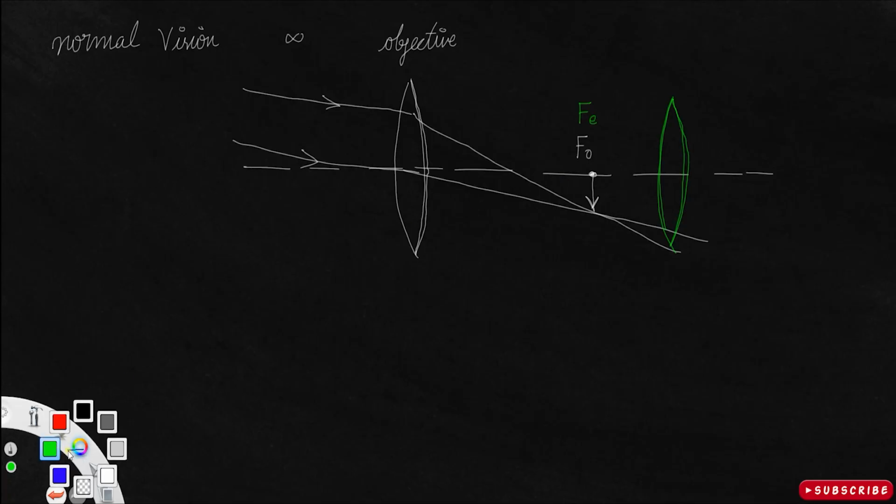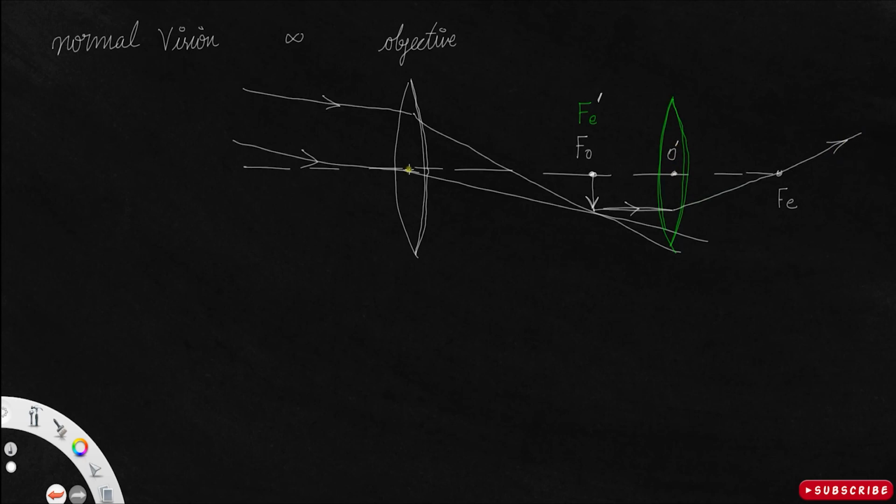So whenever we have an image placed at the focus of a lens, first we have to take a ray parallel to the principal axis. We have an FE here also. Let's take this as FE dash. The ray parallel to the principal axis after refraction at this lens passes through the focus, and I have to take one more ray.